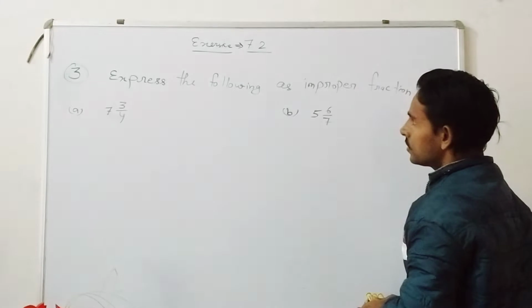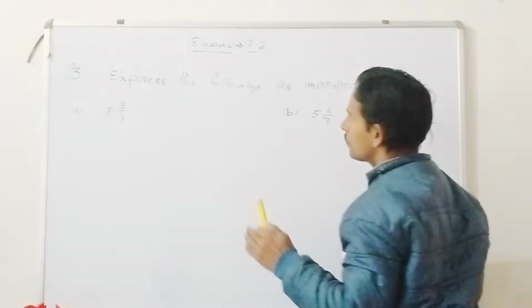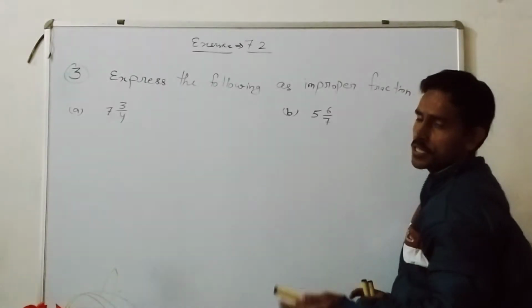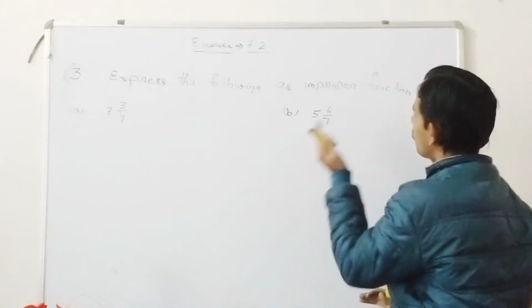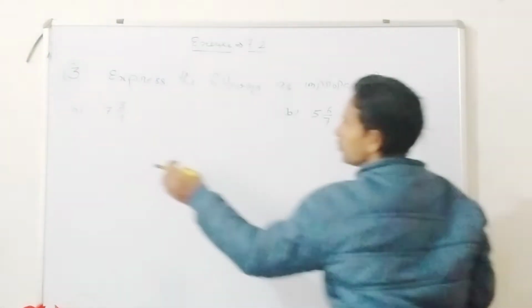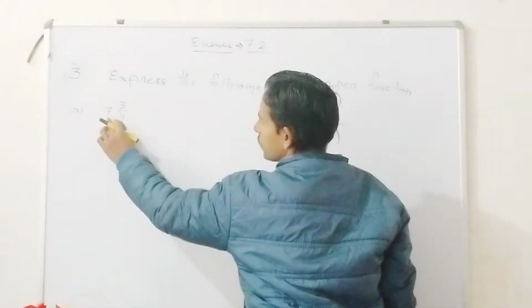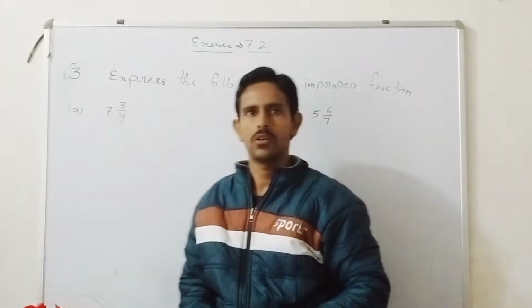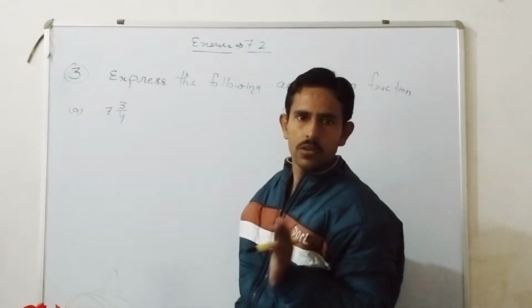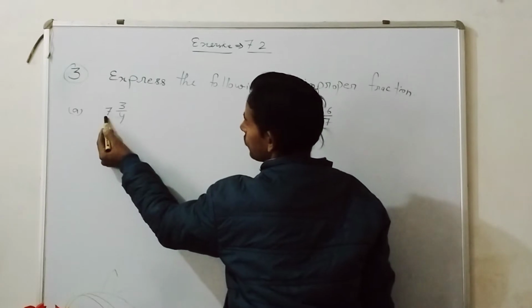This line is telling us that we have to express any fraction as an improper fraction. Now question number A. In question number A, we are looking at 7 whole 3 upon 4.